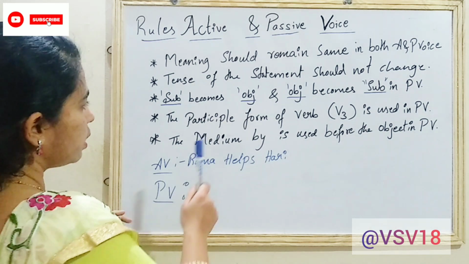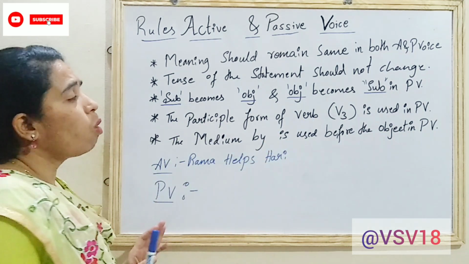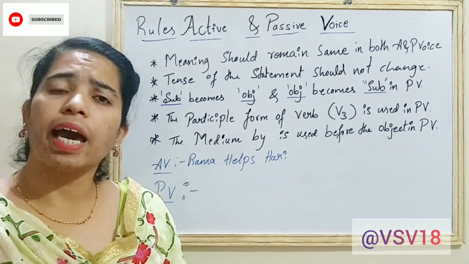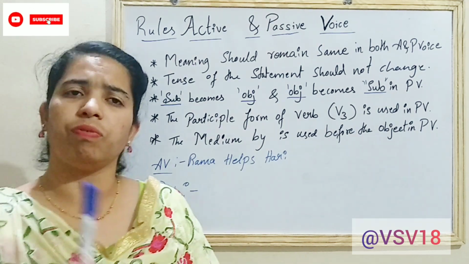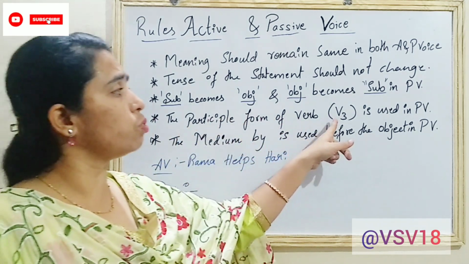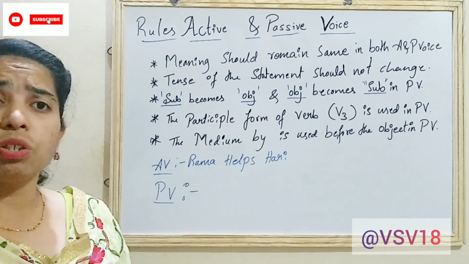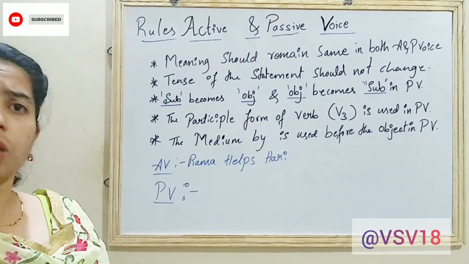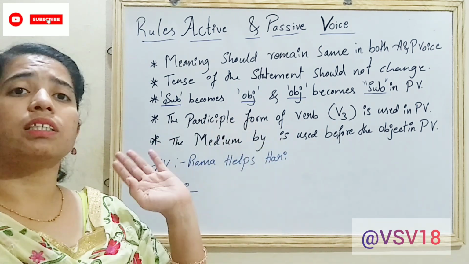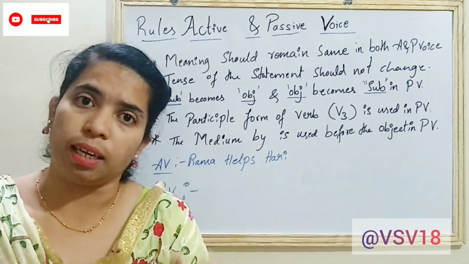Next is the participle form of the verb. Whatever verb form we have in active voice, it may be V1, V2, V4, whatever it may be, it should be changed to V3, the participle form of the verb. It should be changed to V3 only. Even if it is a continuous form, we should change it into V3 only.